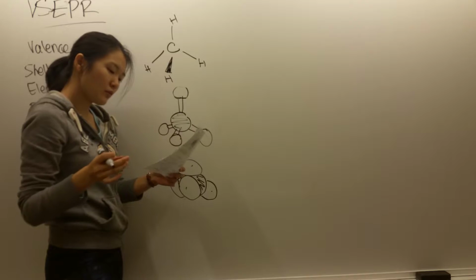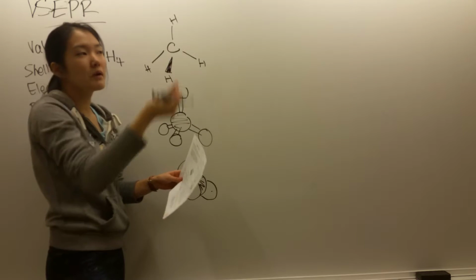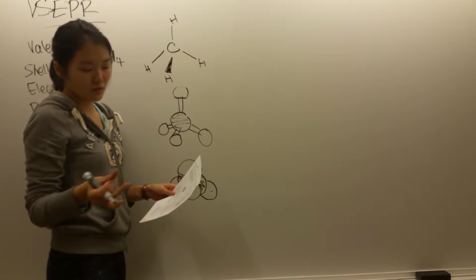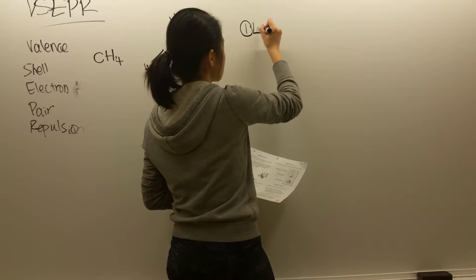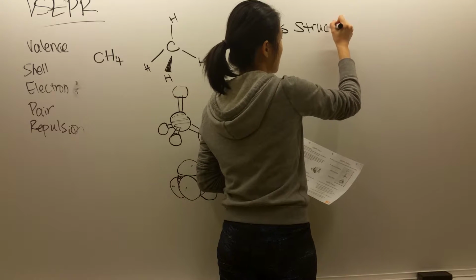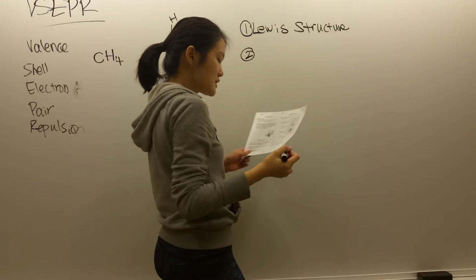So VSEPR theory, number one, draw the Lewis structure of the molecule. When we're talking about molecular geometry, you can't just start from nothing. You do have to look at different aspects of the molecule first, and the first aspect is going to be the Lewis structure. Number two, determine the steric number.